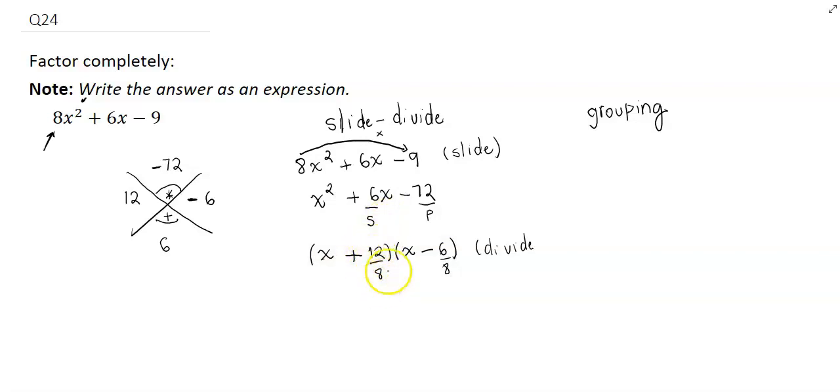Yes, this has a common factor that is 4. So I will write this as x plus 3 over 2. Can I reduce this one? Yes, they have a common factor that is 2. And then I write x minus 3 over 4.